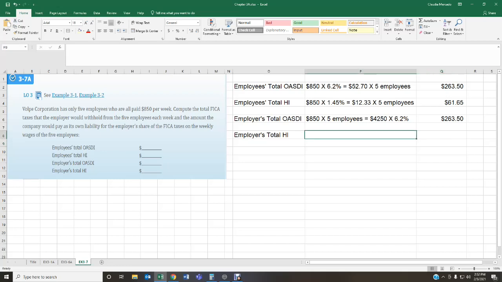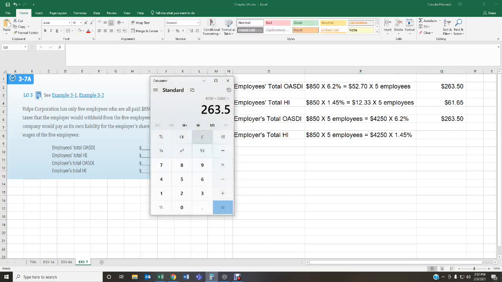We're going to do the same thing for the employer's HI. I'm going to get the 850 times my 5 employees, which gives me 4250. Then I'm going to multiply by my HI rate of 1.45%. So it'll be 4250 times 1.45%, which gives me $61.625.